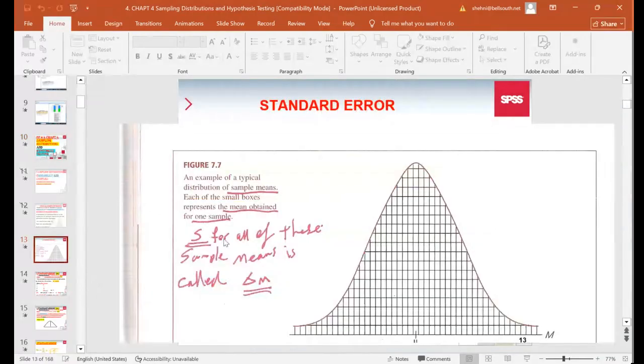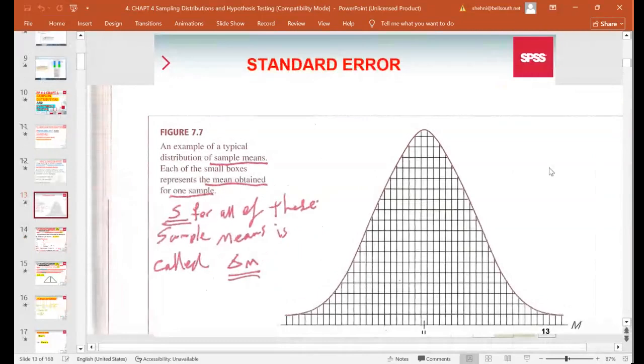Here it is, what we talked about so far. As you can see, what we're looking at is a normal distribution. And those squares represent a sample. In reality, we said we can take unlimited samples from a population.